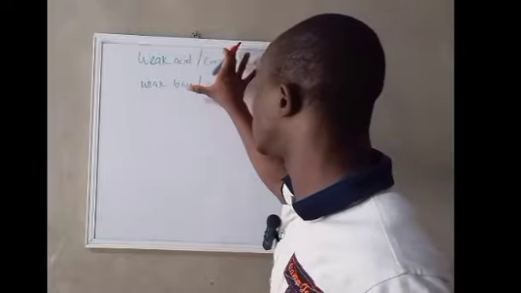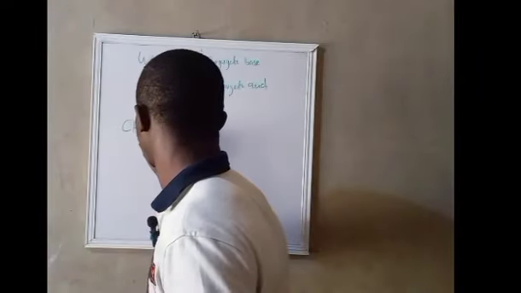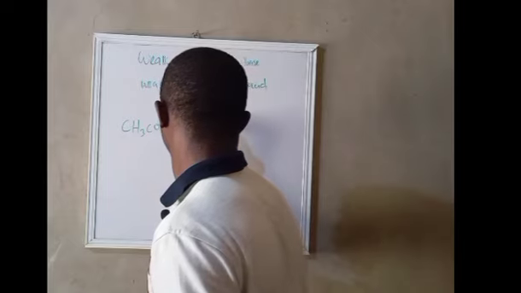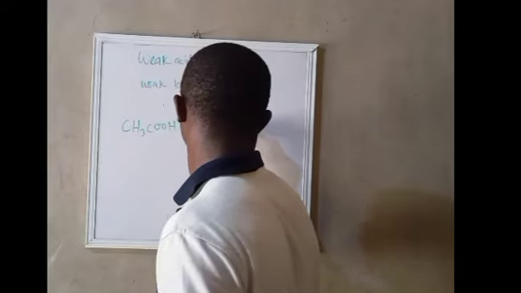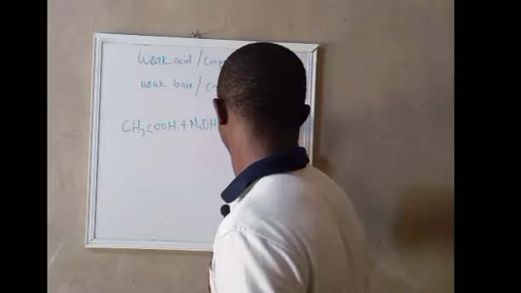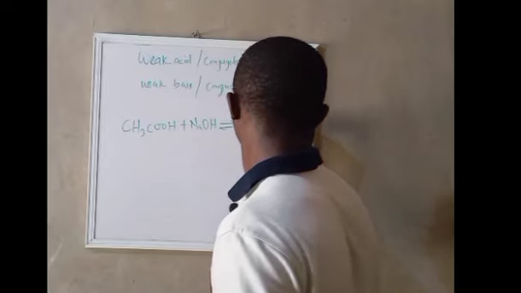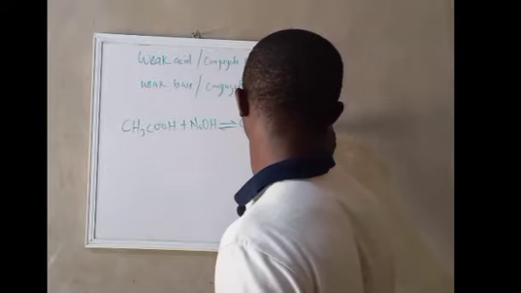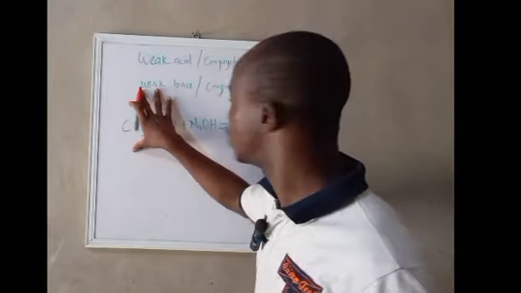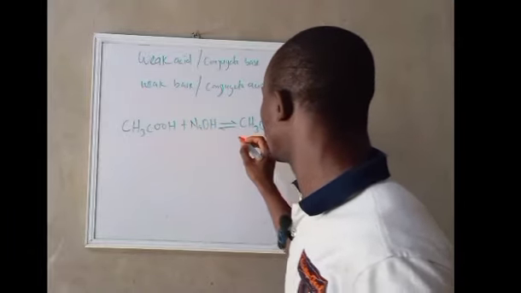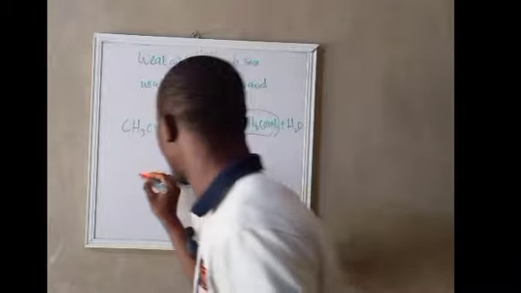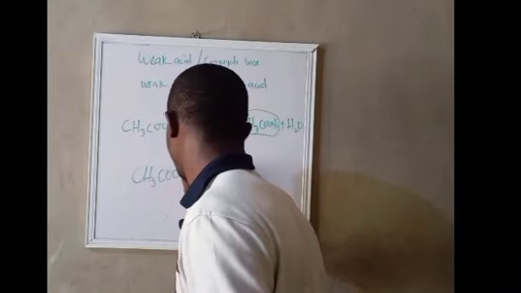An example of such a system is, like I said, CH3COOH and NaOH, giving us CH3COONa and H2O. Such a system, because this is an acid that doesn't dissociate completely, and at the same time you have a salt which can also break down, you will have some weak acid present in that solution.